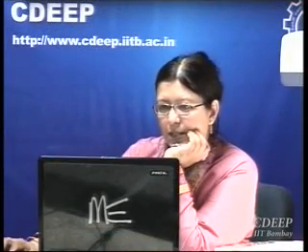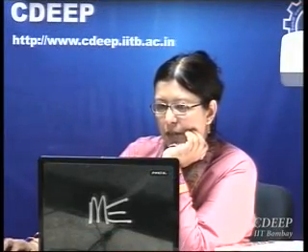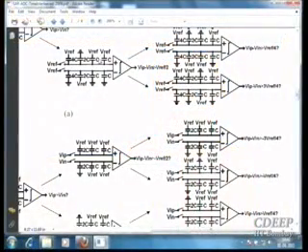Look at the upper one. The upper one will give you 4 plus 2, 6, 6 upon 8, 3 by 4. So the upper side will give you 3 by 4 Vref. For the lower side, I'm just using capacitor division.